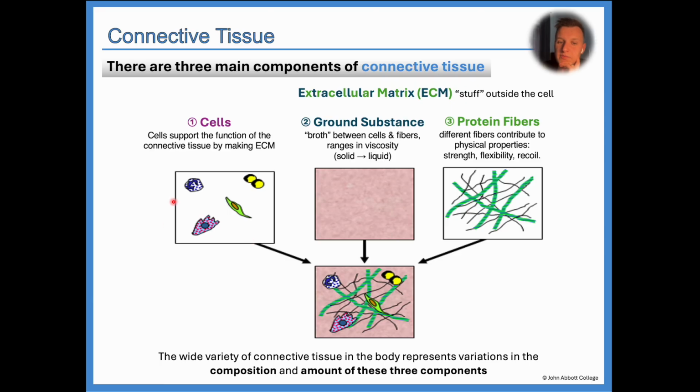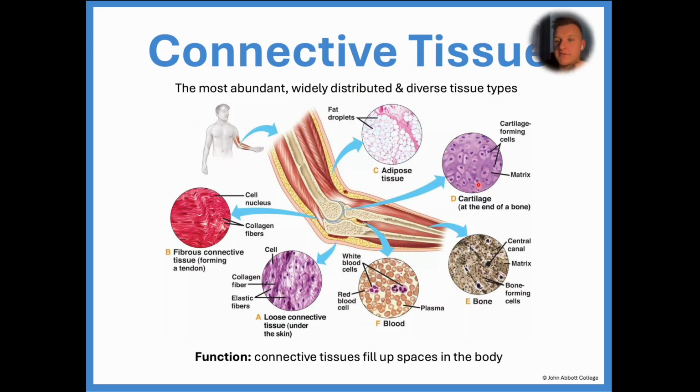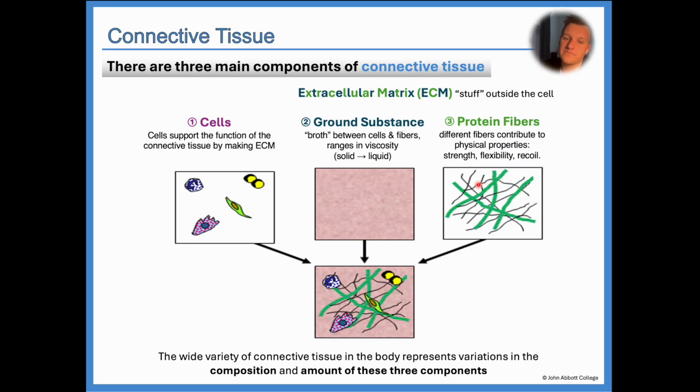So some of them will be more cells, some of them will have more broth, which will make it more liquidy. Some of them will have more fibers, which will make it stronger, right? So they could vary these elements and change what type of connective tissue they are.